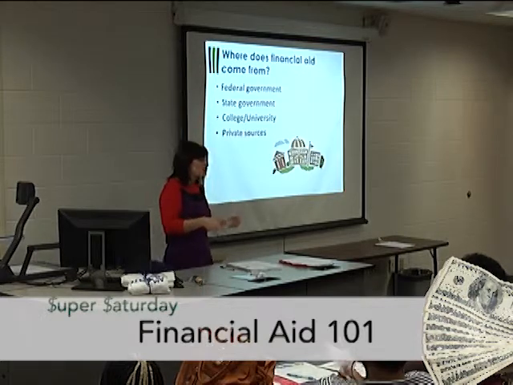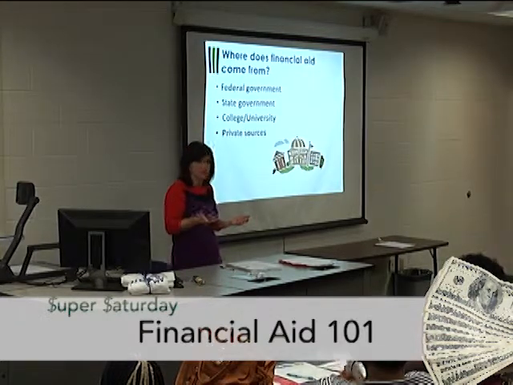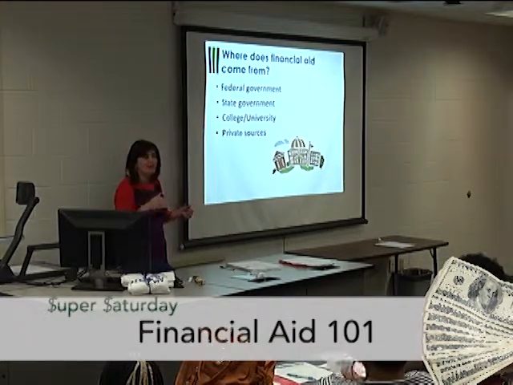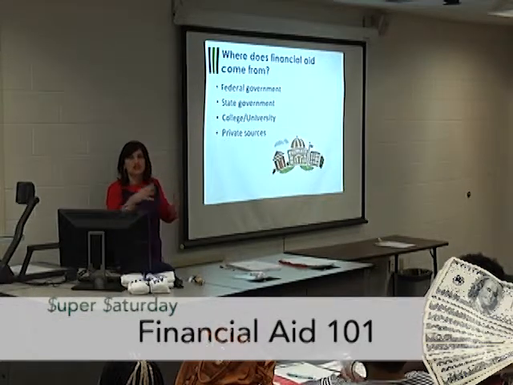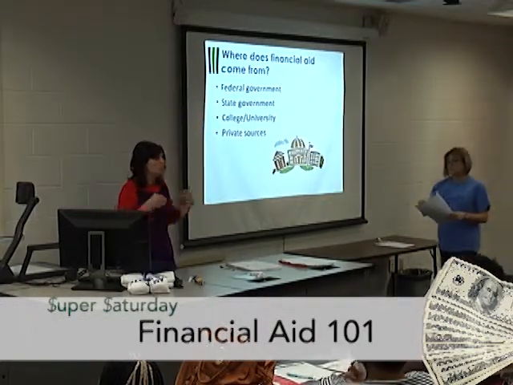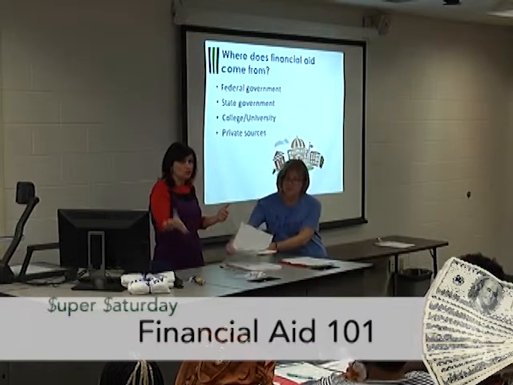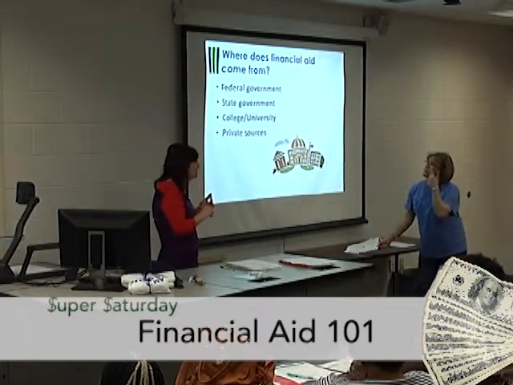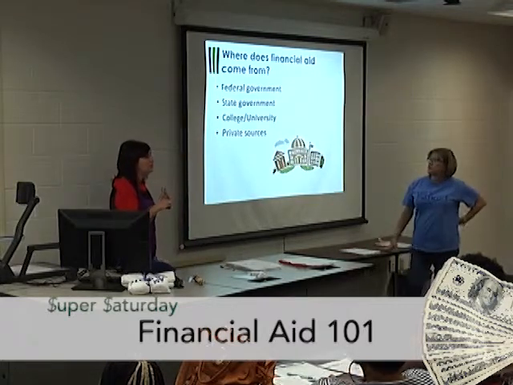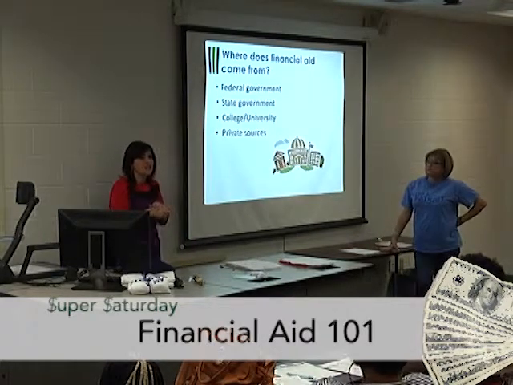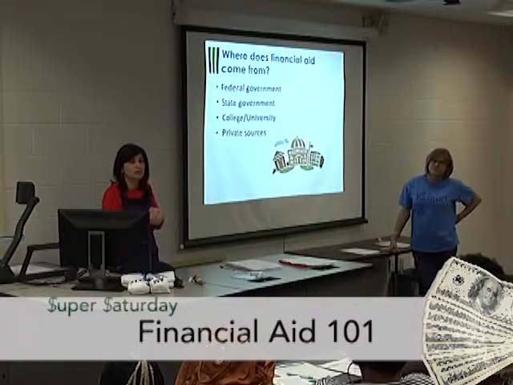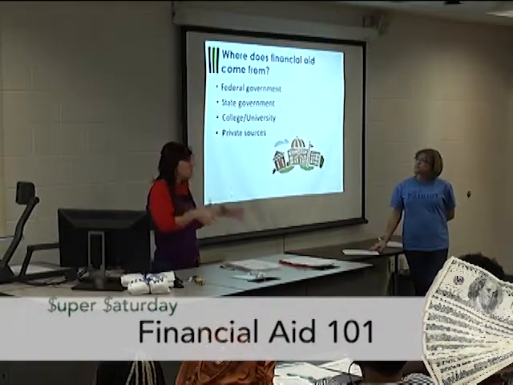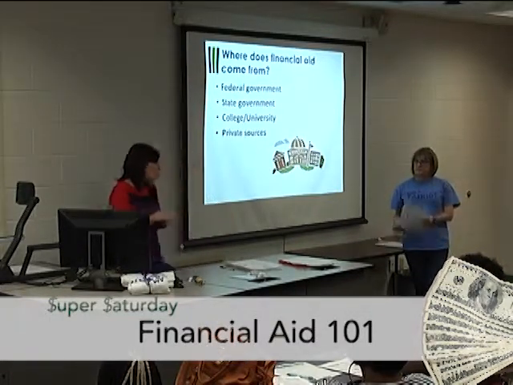You're eligible for those funds just because you live in Virginia. The state also provides each institution with a certain amount of money to push towards getting Virginia students to college in Virginia. Almost every single college, university, or community college has a foundation that's responsible for raising outside funds to help students go to college in the form of scholarships.